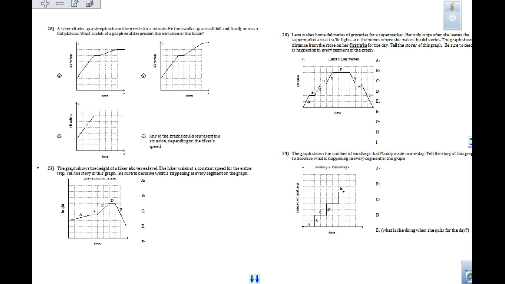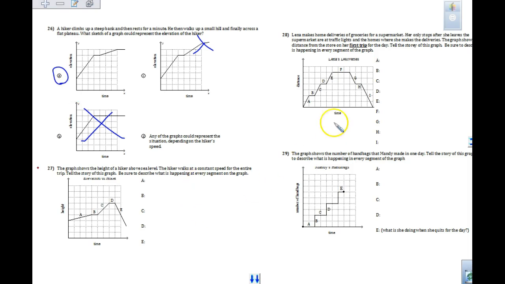And then it says he walks up a small hill, which automatically is going to eliminate this one. Because after pausing, we have to go up a hill. So it says he pauses and goes up a slight hill and then goes across a flat plateau. This one is not flat at the top, so this one can't be. And our choice happens to be A, so when you are looking at those.